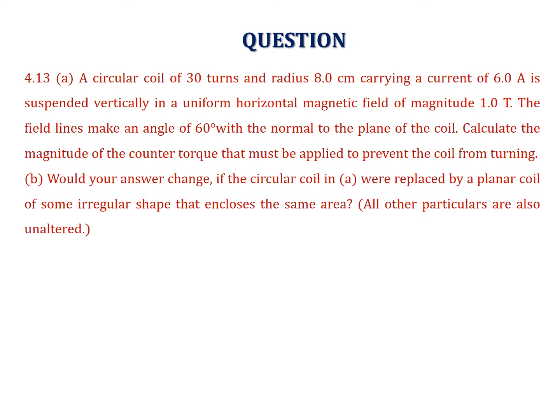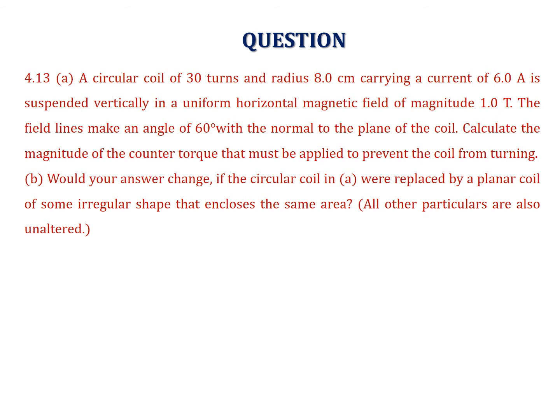Would your answer change if the coil in A were replaced by a planar coil of some irregular shape that encloses the same area? So we know whenever current is passed through a loop, a torque will be acting. This will deflect the loop.